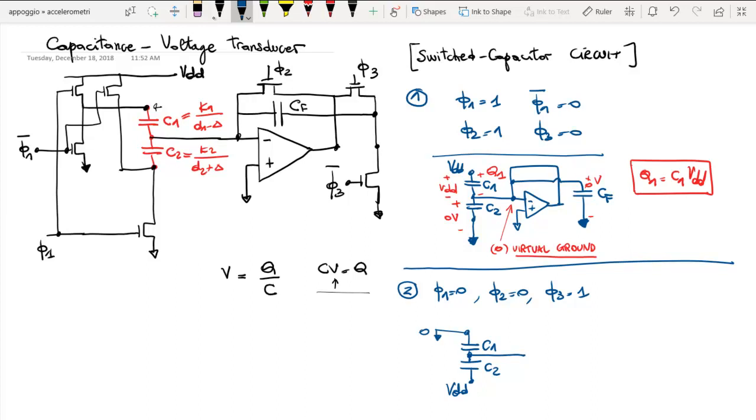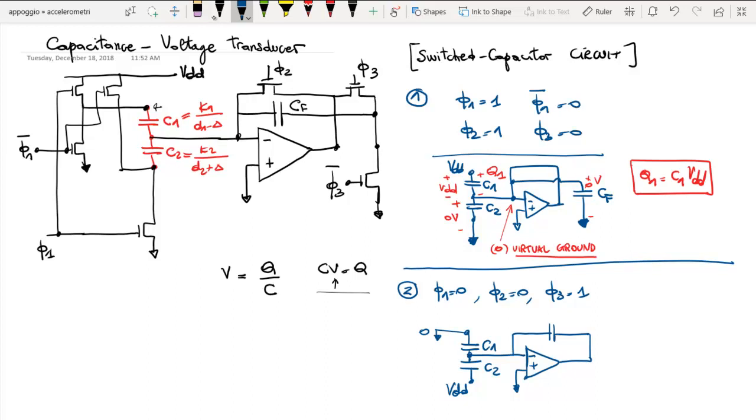Then, considering the rest of the circuit, we have the amplifier. And now we have this operation, because phi 2 is off, is low, so the switch is off, and then CF is connected to this switch which is on, which is connected to the output of the amplifier.